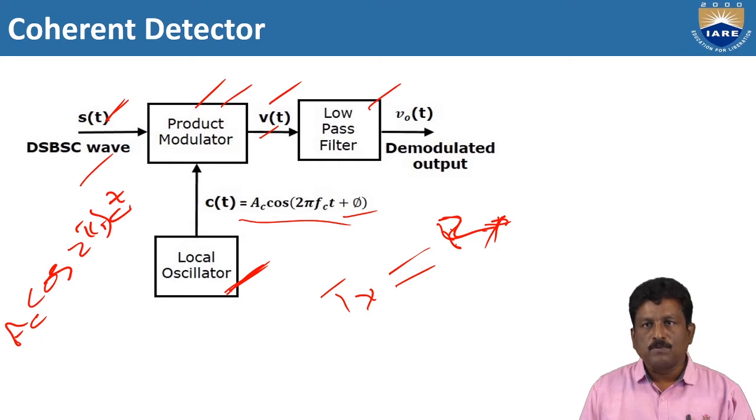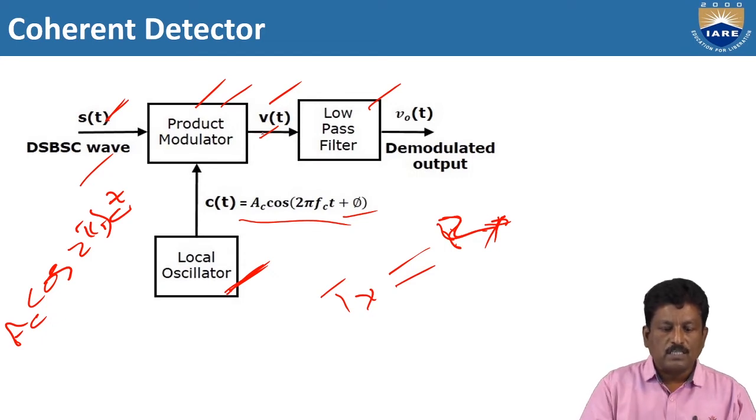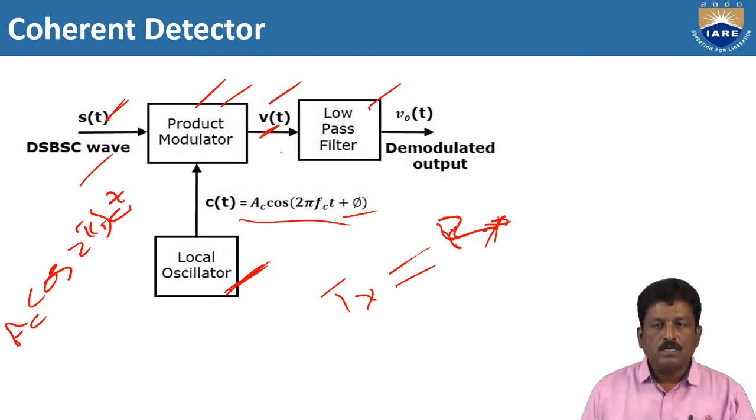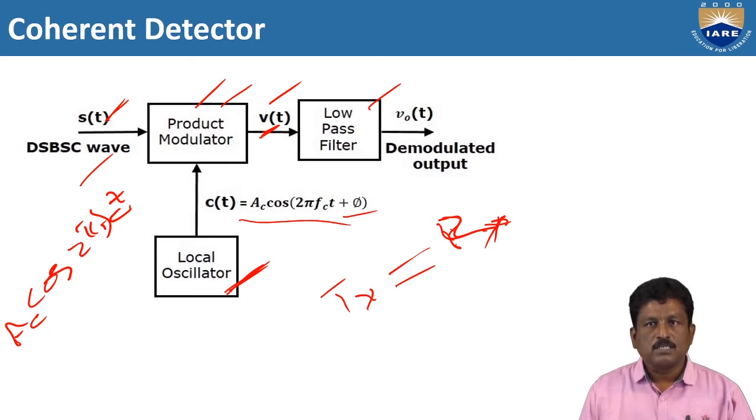The use of the low pass filter is that it allows only the low frequency components and rejects the high frequency components. So the high frequency components in v(t) can be eliminated by the low pass filter, which allows only the low frequency components.